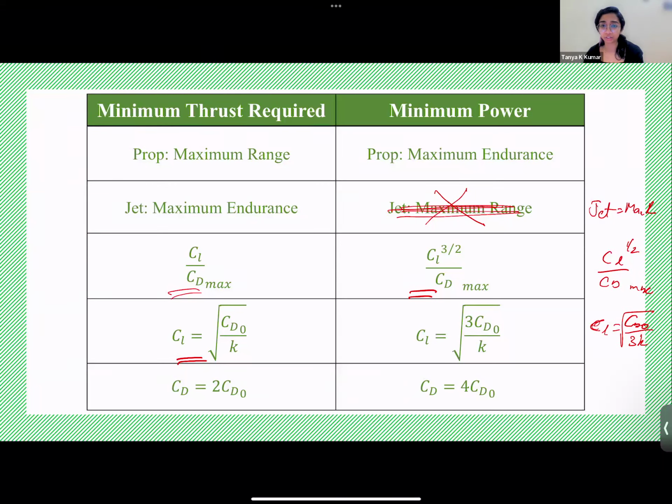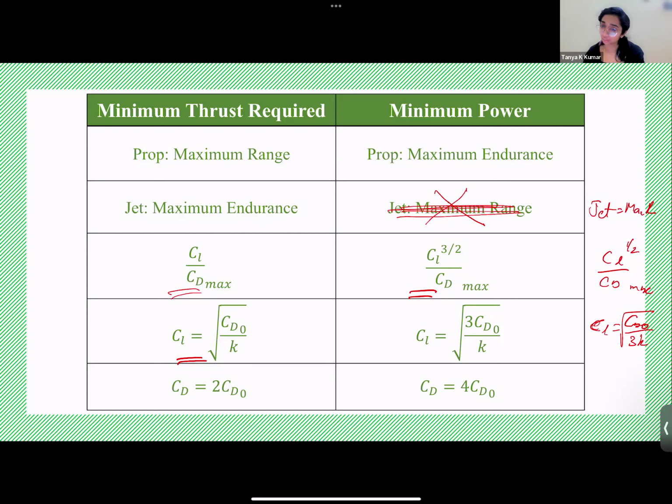So when you say shaft power in propeller, how does it ensure that the aircraft is moving forward? Okay, yes, you're right.